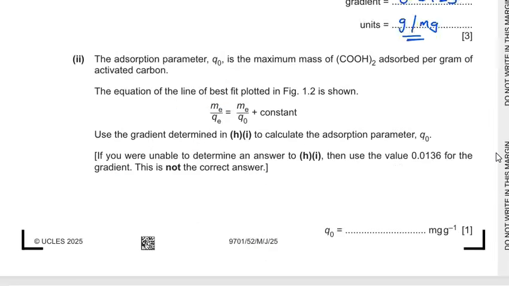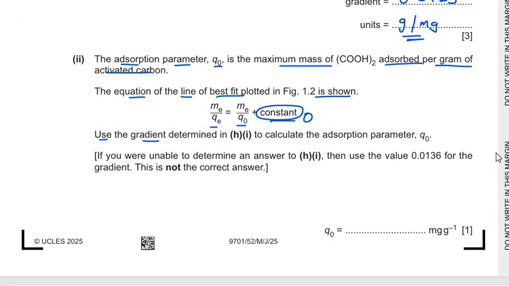Now the adsorption parameter Q0 is the maximum mass of ethanedioic acid adsorbed per gram of the activated carbon. The equation of the line of best fit plotted in figure 1.2 is shown here. The y-intercept is 0, so we ignore the constant.